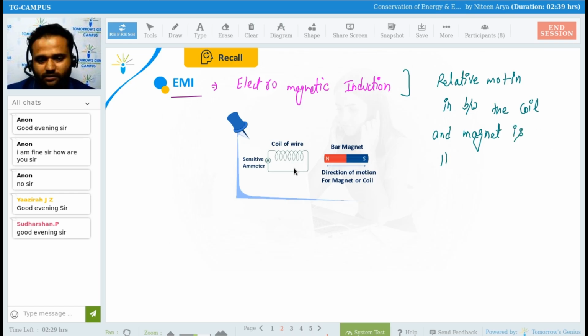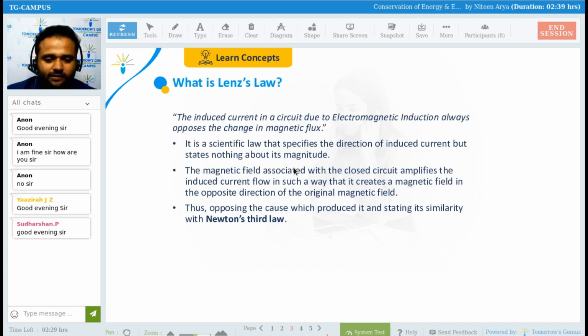You can say the main thing, or the necessity of this phenomenon, is this relative motion. Is this clear, everyone? Fair enough? The main thing for the generation of this phenomenon, EMI, is this relative motion. We already did this.